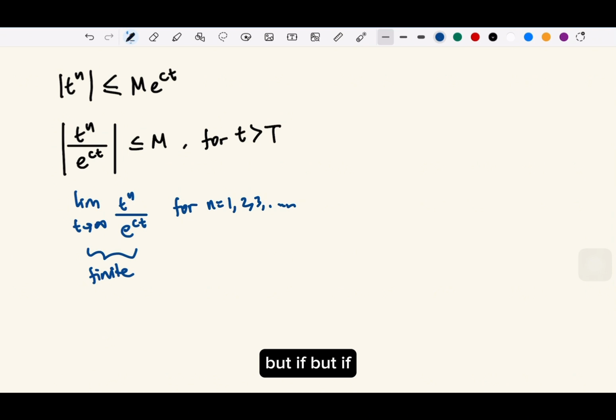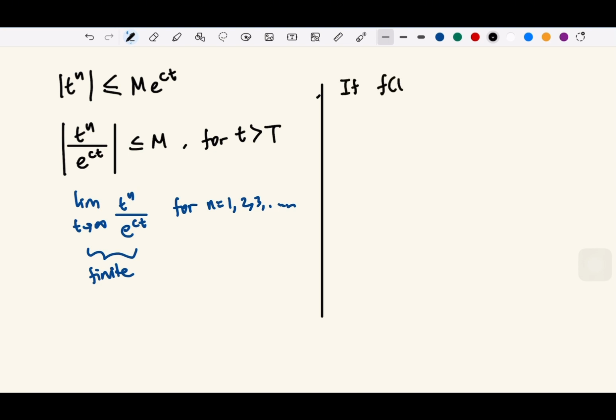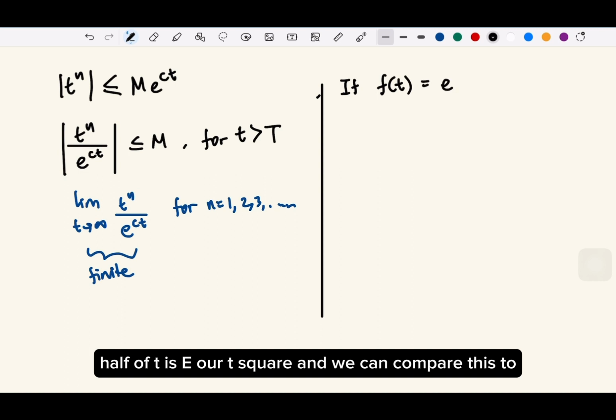But if f of t is e to the power of t squared, we can compare these two.